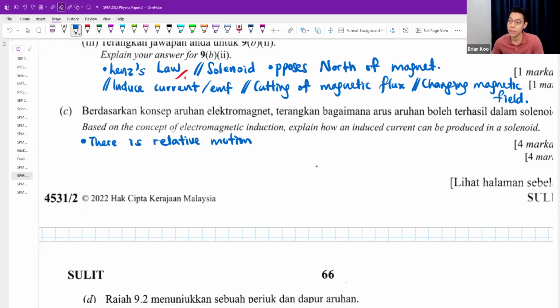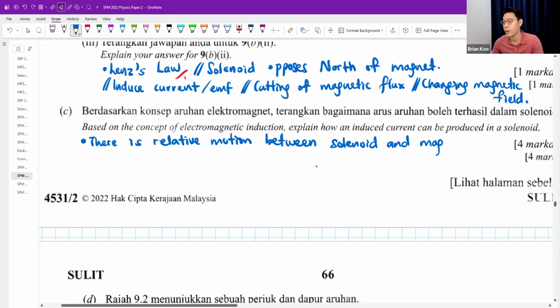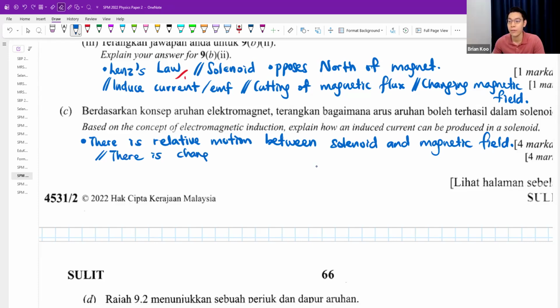There's relative motion between conductor, or maybe I straight up say between solenoid and magnetic field. You can say conductor also can. Another one that you can say is there is changing magnetic field.